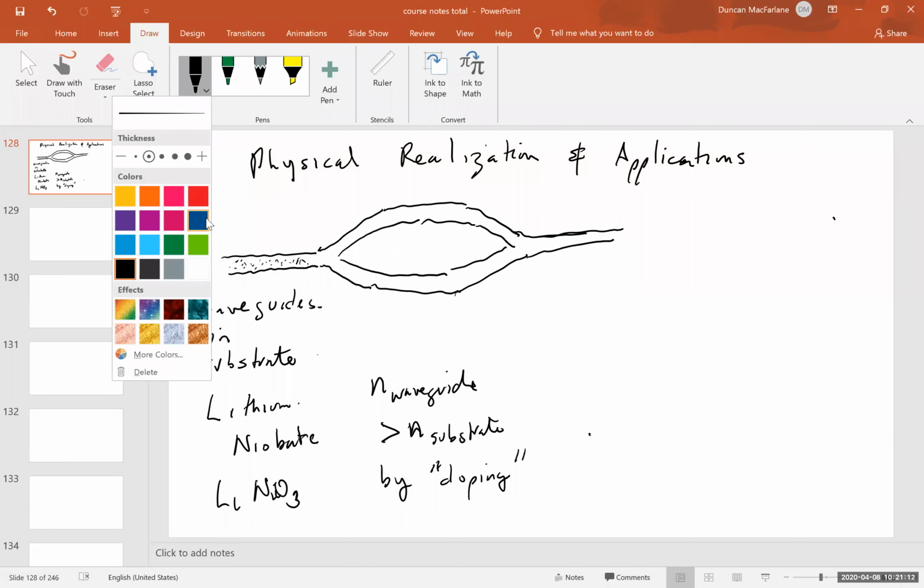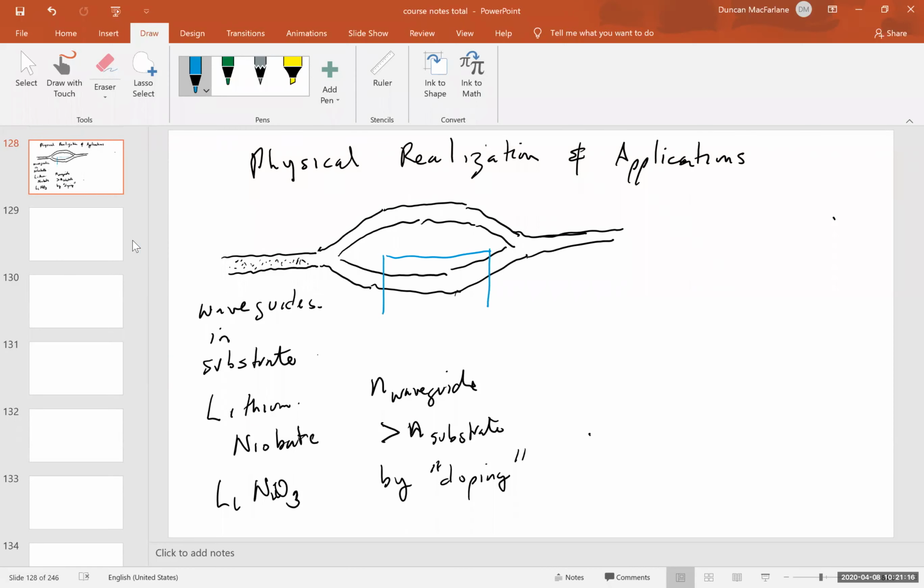And then what I can do is put a big old metal pad over that one side. And that means I can apply a voltage.